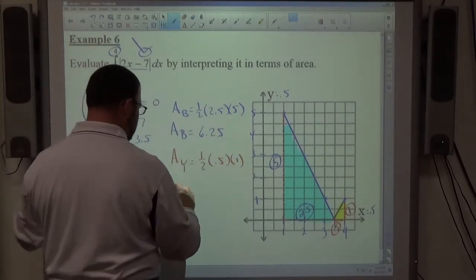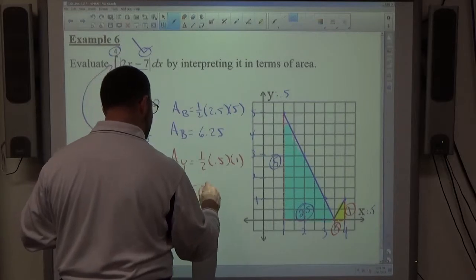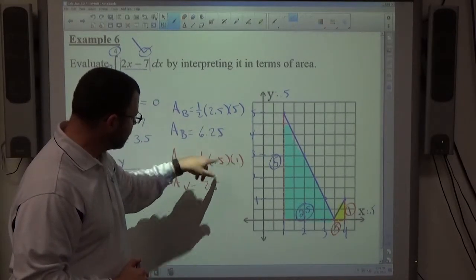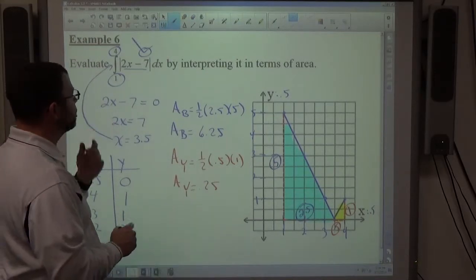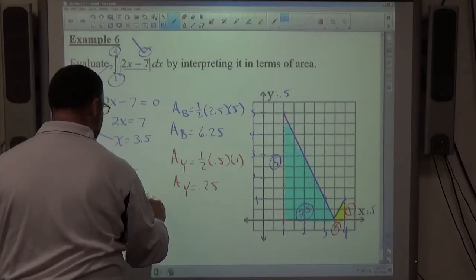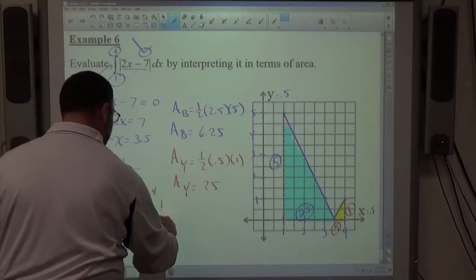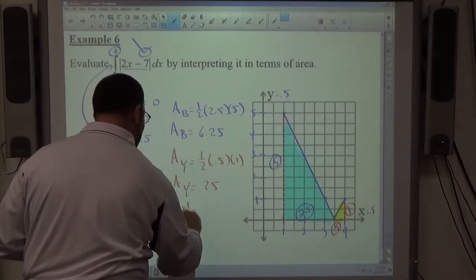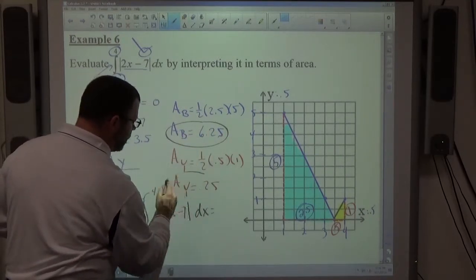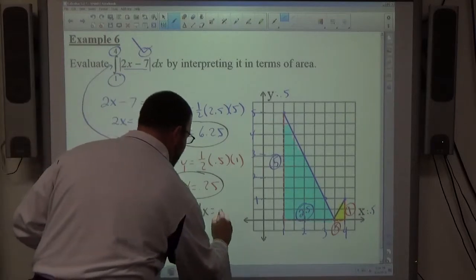And that's just going to be 0.25. Half of 1 is a half. Half times a half is a fourth, which is 0.25 as a decimal. So then I'm able to write the answer. The area from 1 to 4 of the absolute value of 2x minus 7 with respect to x is going to be the blue triangle added to the yellow triangle. So it's going to be 6.5.